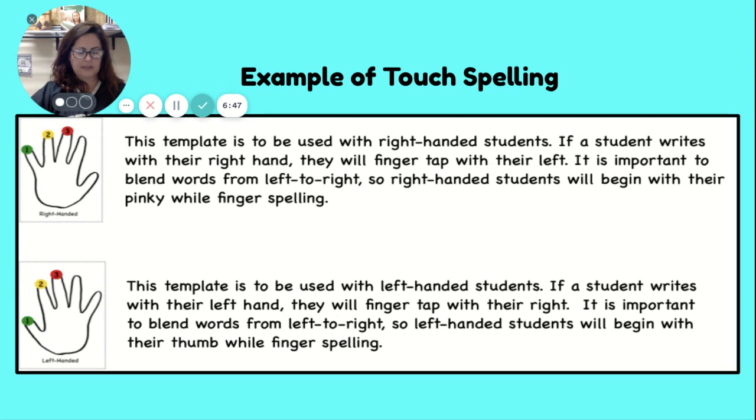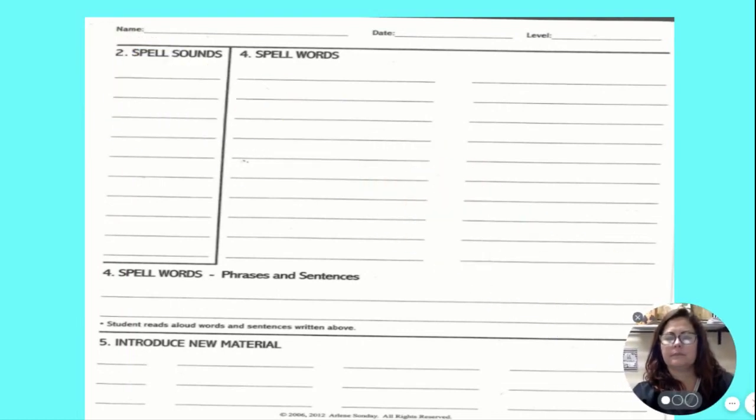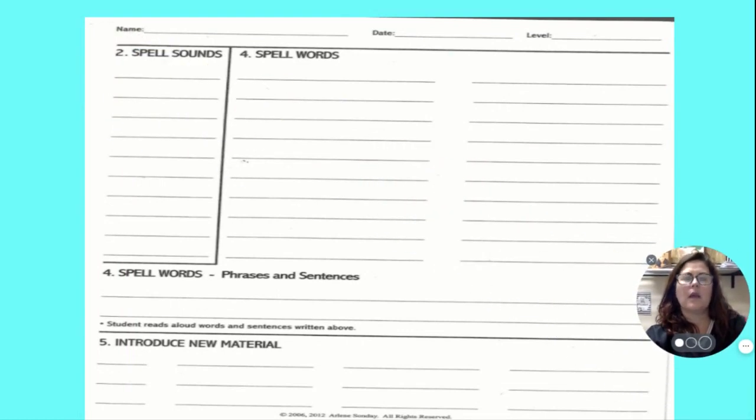Now, I'm going to dictate some words because we're on the spell sound section now. You're going to spell words and write these right here in this section. I'm going to give you a word.